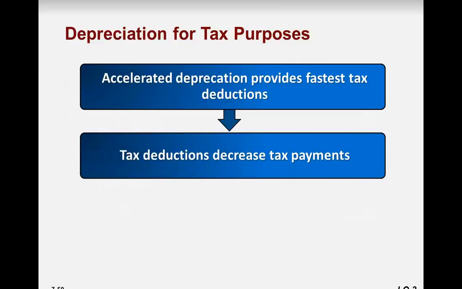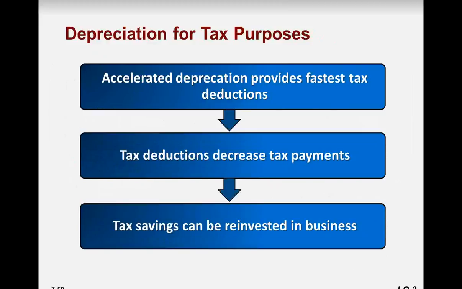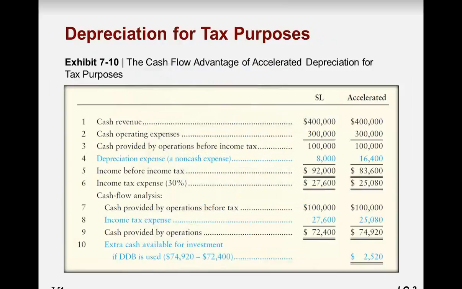So accelerated depreciation provides the fastest tax deductions, and tax deductions decrease tax payments. And of course, then our tax savings can be reinvested in the business. You can put the money back in your business instead of paying taxes with it.